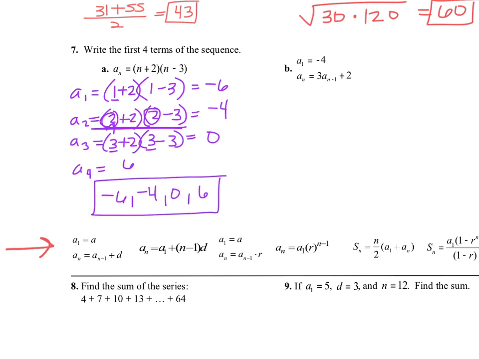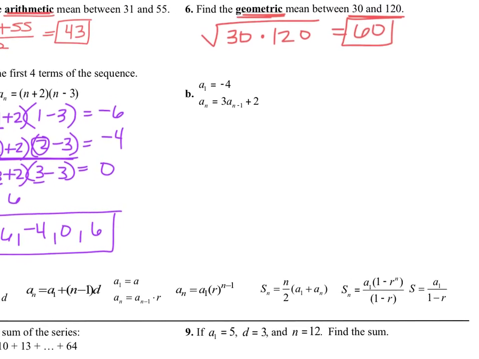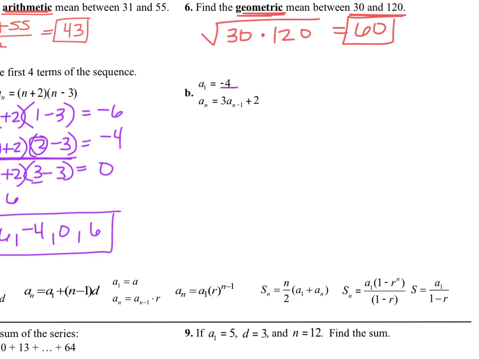Okay. For this one, find the first four terms. Again, you already have your first term in a recursive formula. So we know our first one's going to be -4. So if I want the second term, I'm going to do 3, and then remember what a sub n minus 1 is.